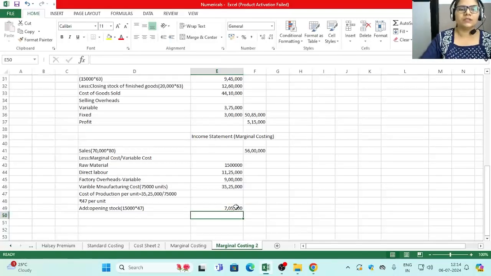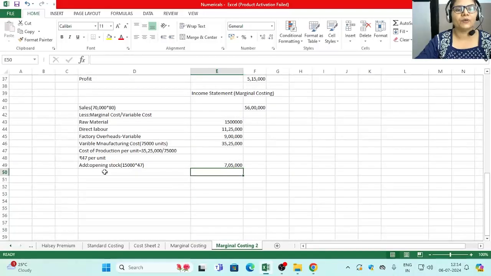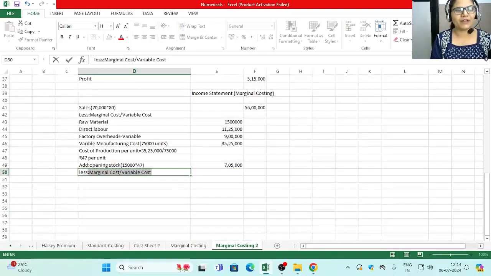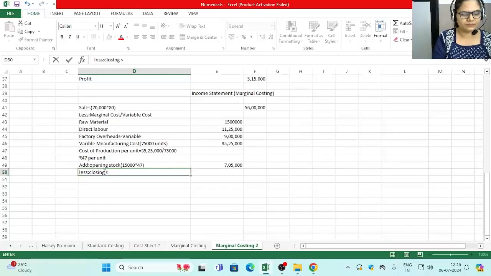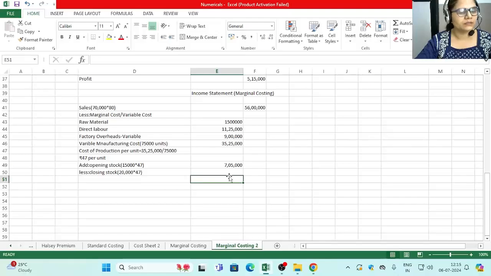Now, after adding opening stock, we will deduct the value of closing stock. It will give you a value of 20,000 multiplied by 47. It will give you a value of 9 lakh 40,000.